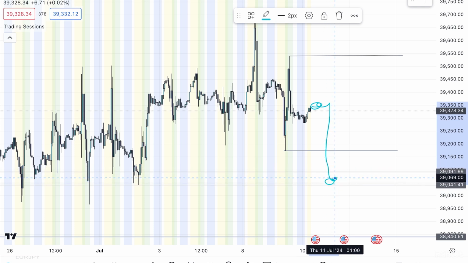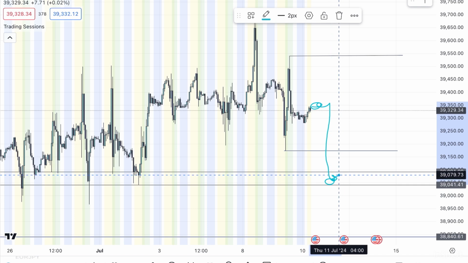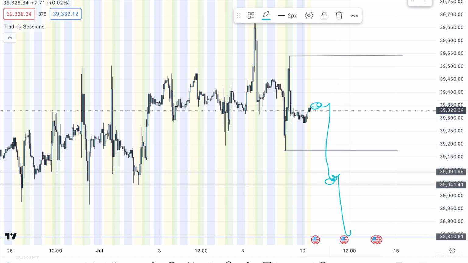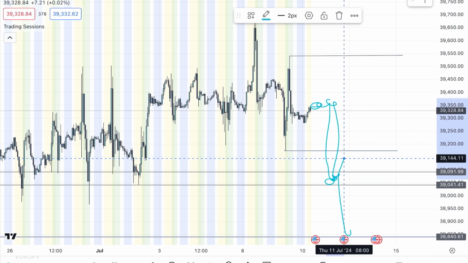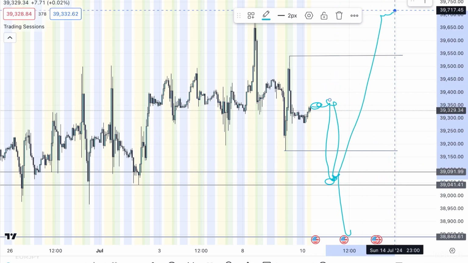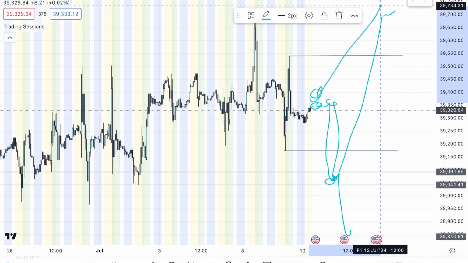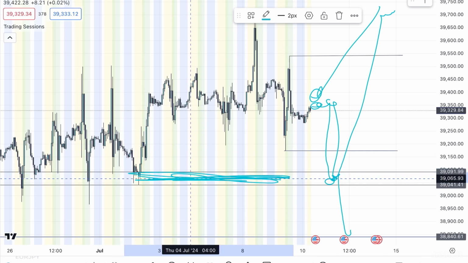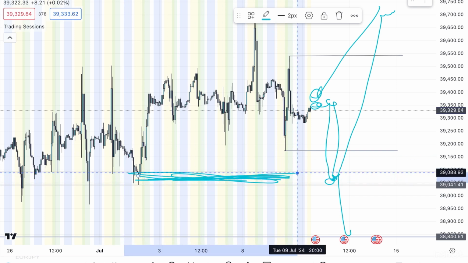It might also want to consolidate a bit here because it cannot just pass like that, then go down like that, or it might come from this direction, come here, then push up like that, or just from here go up like this. But my main emphasis for now is this order block here.